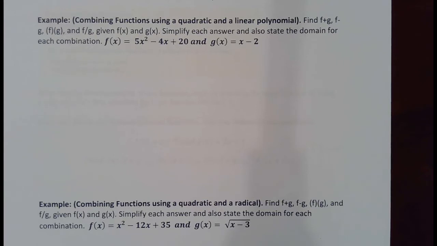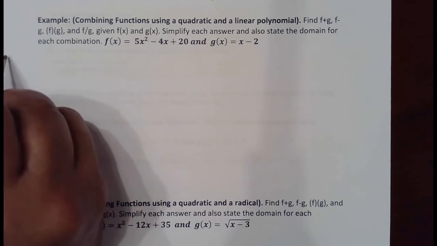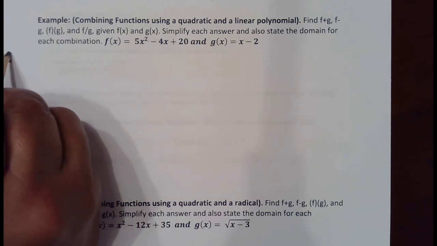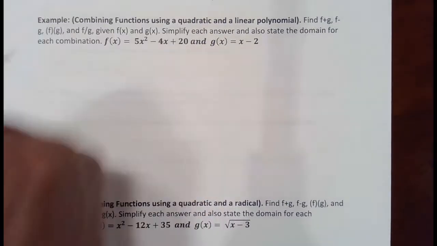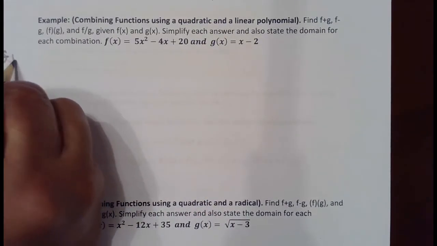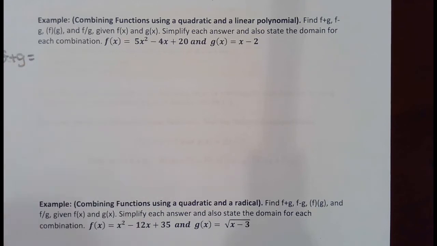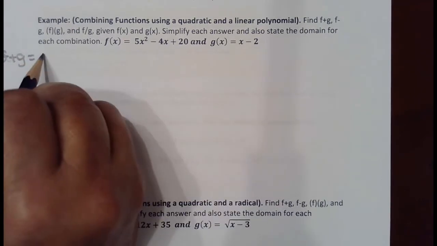So in f plus g, we're going to be doing the f function, which in this case is 5x squared minus 4x plus 20. And we're going to be adding that to the g function.